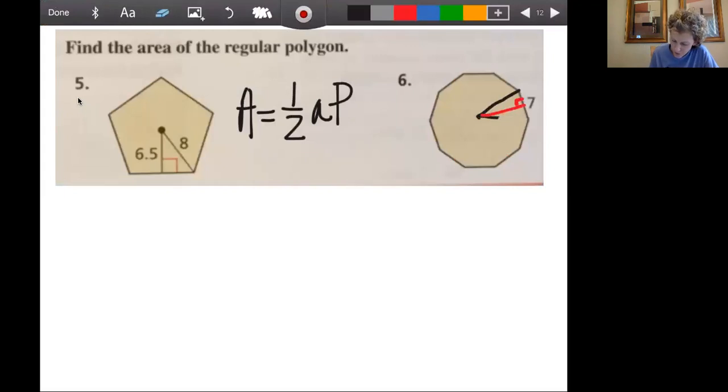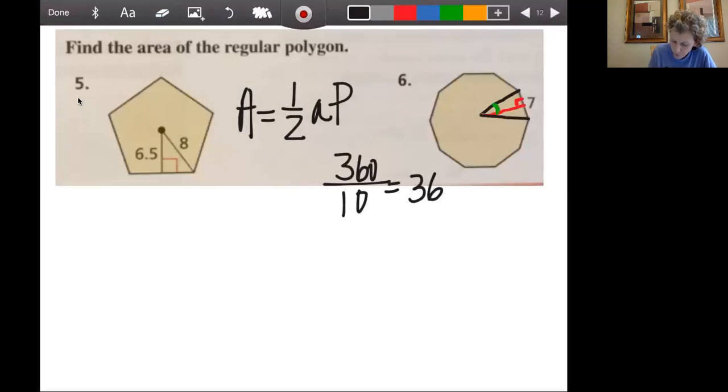Okay, so what I can find out is the measure of this angle right here. Once again, it's a decagon, which means I can draw 10 isosceles triangles. And so the measure of this whole angle will be 360 divided by 10. So that will be 36.